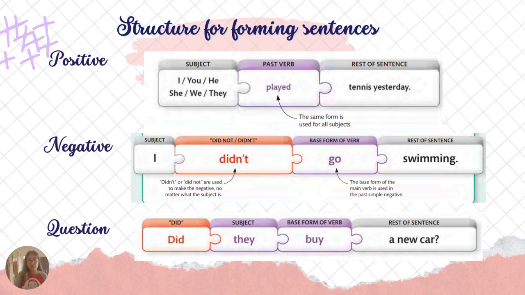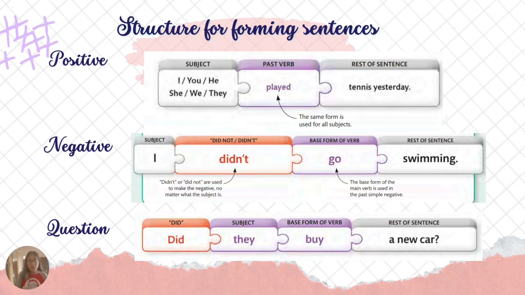The structure for forming sentences. The positive sentence has the subject plus the past verb plus the complement.